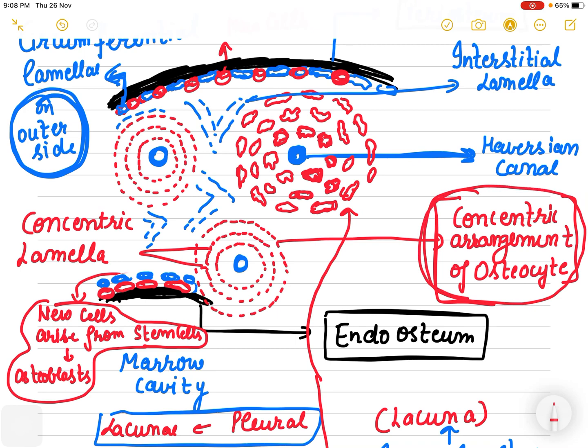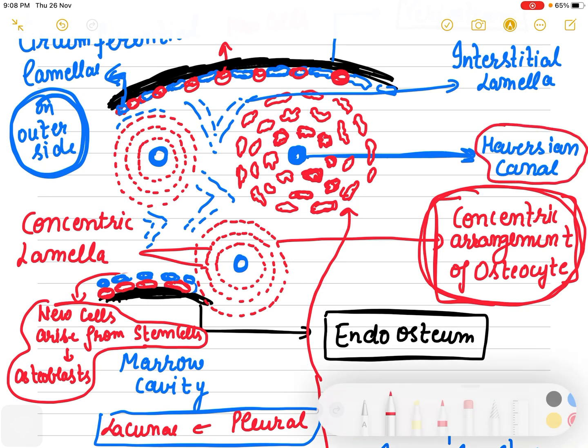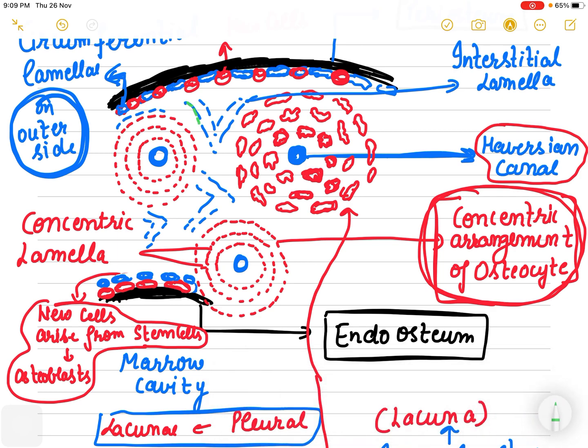That is the concentric arrangement of osteocytes, which is present around the Haversian canal. Now in between them there is the interstitial lamella. So how many types of lamella do we have? One lamella is concentric lamella, which is present in the center.